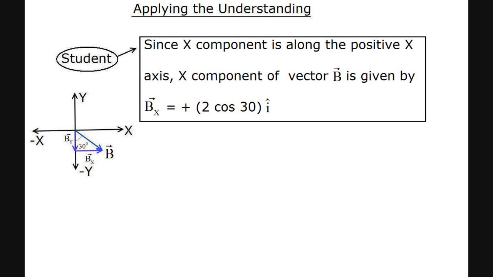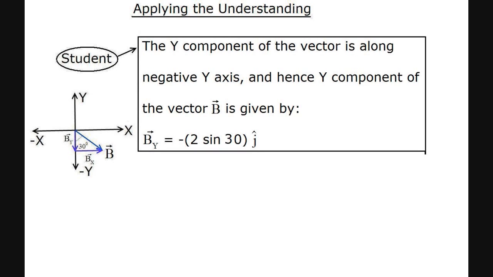Since the x component is along the positive x-axis, the x component of vector B bar is given by Bx bar is equal to plus 2 sin 30 times i hat. The y component is along the negative y-axis, and hence the y component of vector B bar is given by By bar is equal to minus 2 cos 30 times j hat.